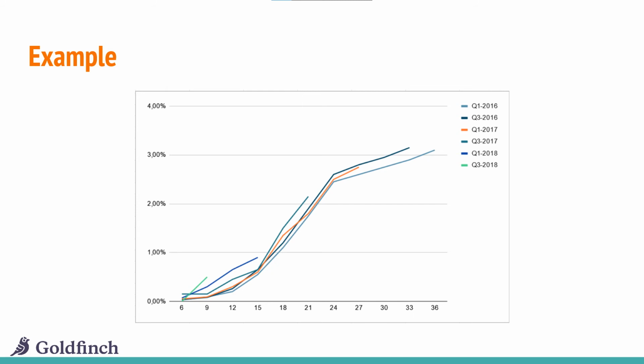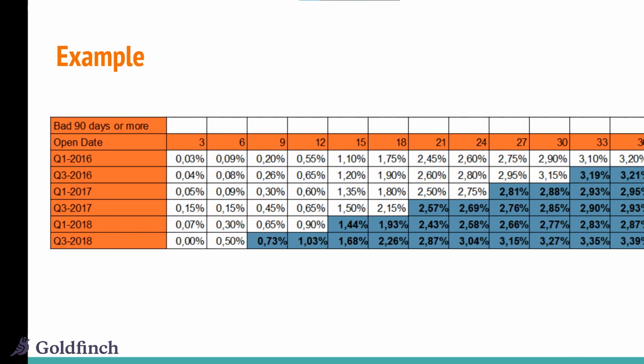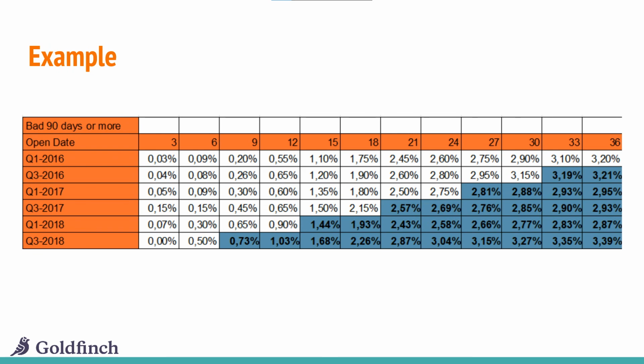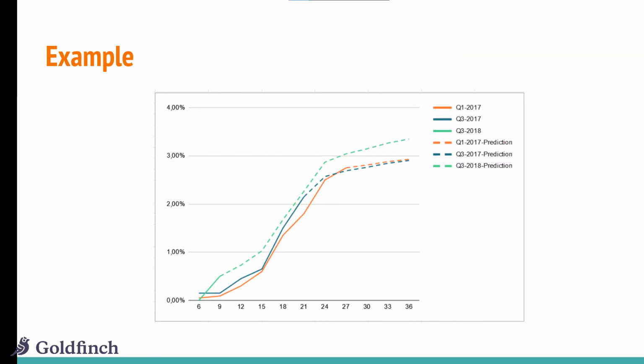In other words, if we use performance after 18 months of accounts opened from first quarter of 2016 to third quarter 2017, then we can estimate performance for accounts opened in first quarter and third quarter of 2017 for the same period of time. After the calculation, we will have a table like this. Marked data is the data calculated based on data from the previous table. We can also plot this data.